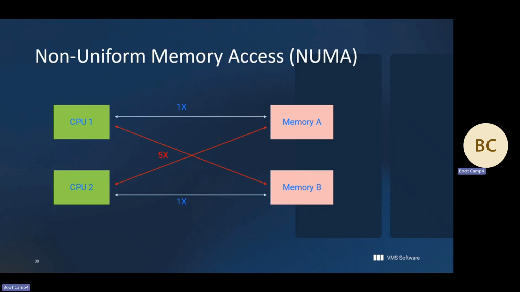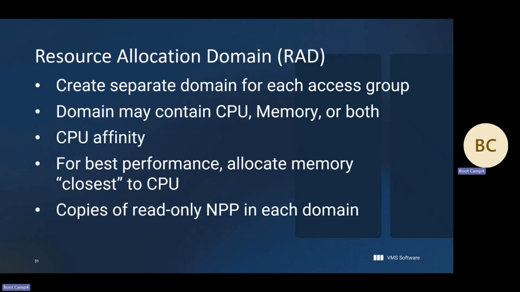And what you want to do then is set up your system so that your application running on this CPU is referencing this memory, and not that memory. These were called resource allocation domains, or RADs. So for each access group, where an access group or domain may contain a CPU or a memory or both, we create a separate domain, and then we allow CPU affinity to the domain.